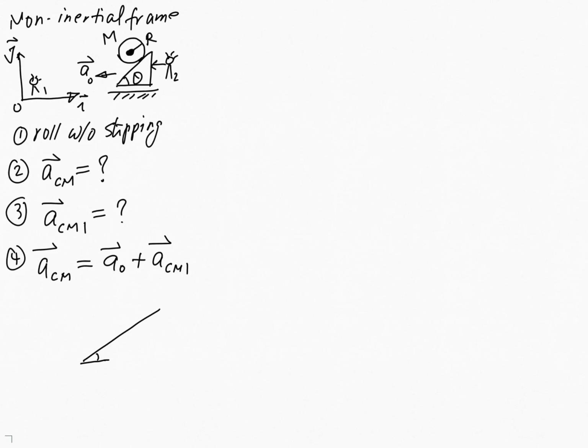We have angle theta here. This is the cylinder. First the cylinder has gravity mg, and since it contacts the slant surface, there is a normal force in this direction.